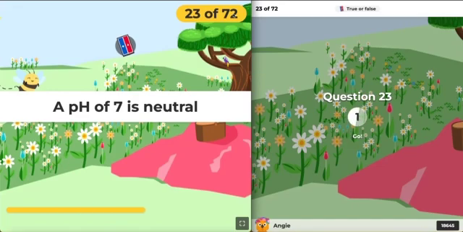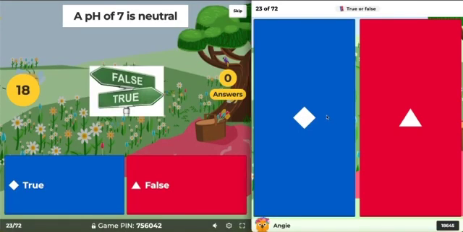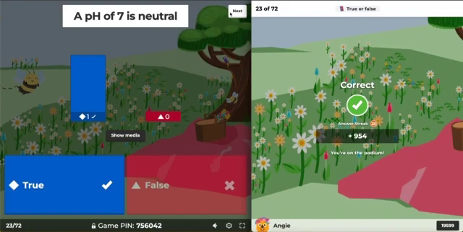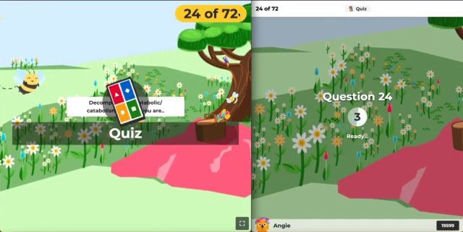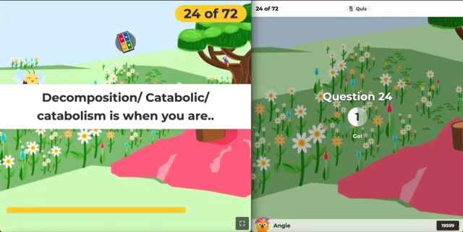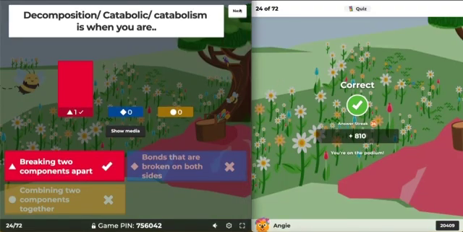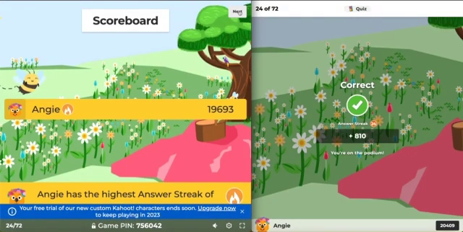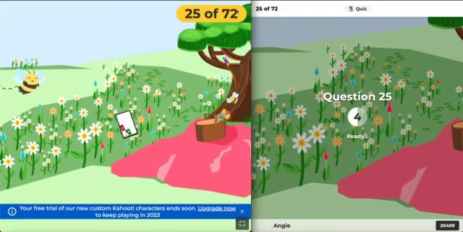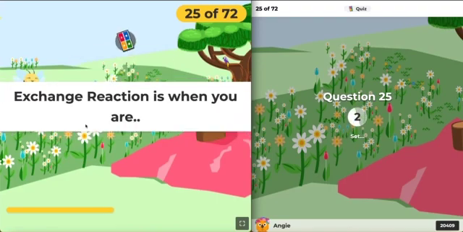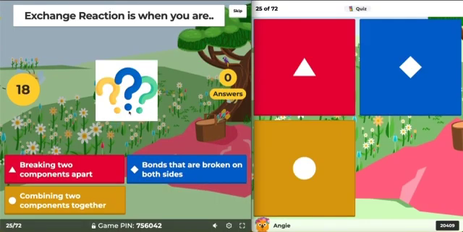A pH of 7 is neutral. That's true. Next. Decomposition, catabolism, is when you're breaking the molecule apart and creating some smaller molecules.